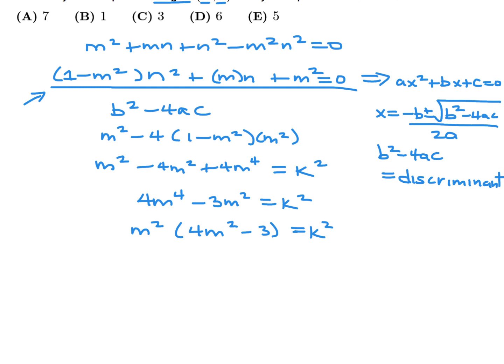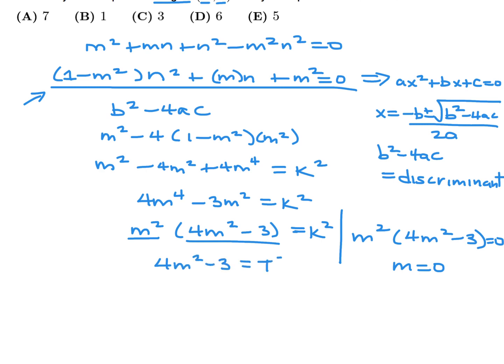So the discriminant can be a perfect square, or it could be 0. If it's 0, that will also help, because that will make the discriminant vanish. Well, that's easy. That happens when m is 0. Okay? If it's a perfect square, this m squared is already a perfect square, so this other factor has to be a perfect square.